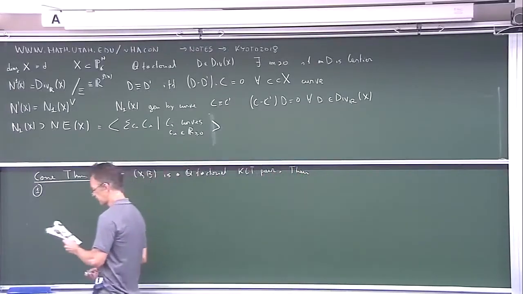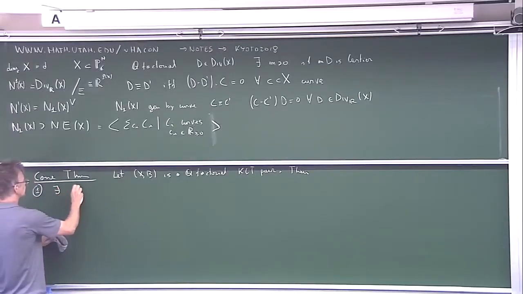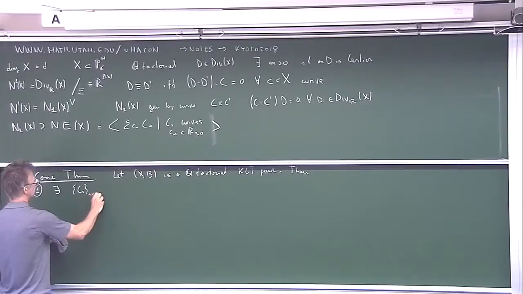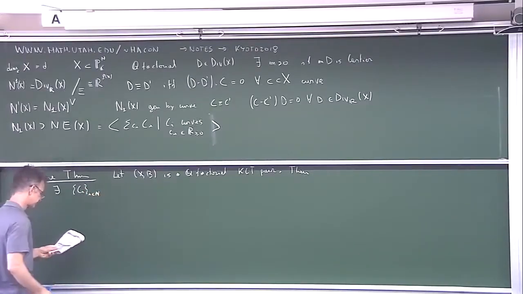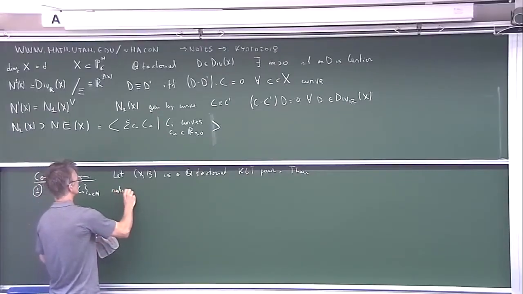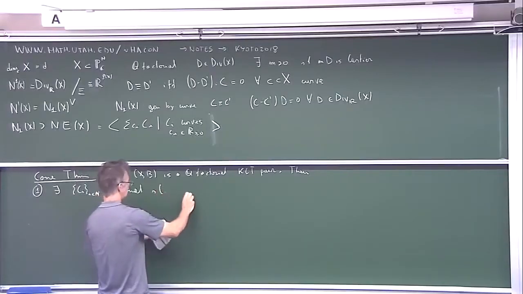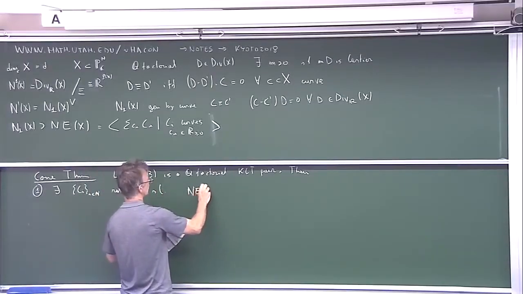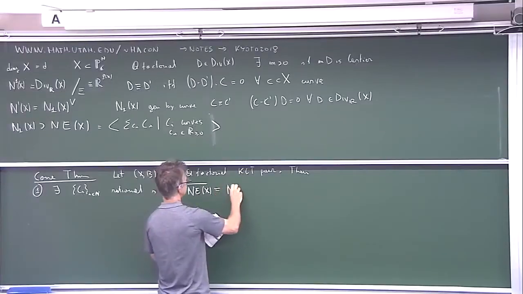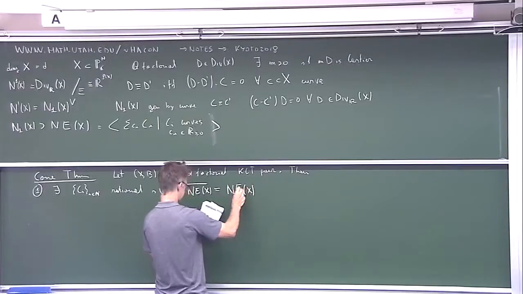First of all, there exists a countable collection C_i of curves, which are rational curves, and such that when I look at the closure of the effective cone of curves, this is spanned by two kinds of curves.